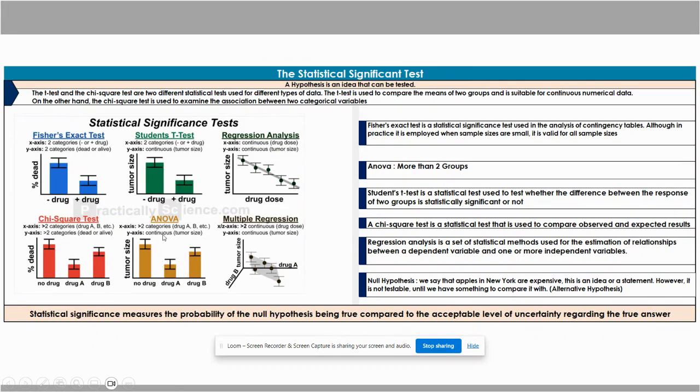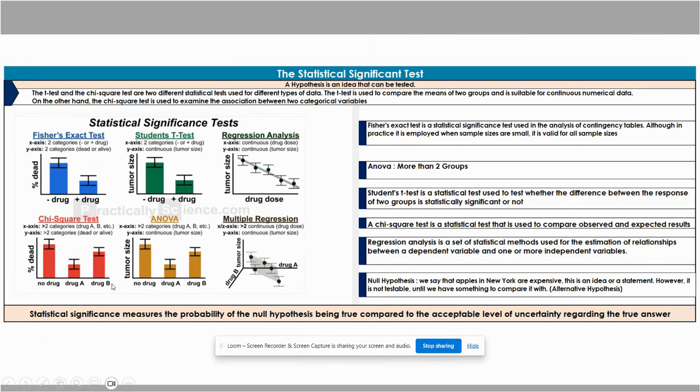Here we have no drug, drug A and drug B, so we are dealing with three groups with tumor size on a continuous y-axis. Here we are examining three sets of groups, and clearly drug A's tumor size is much lesser than drug B's, and than no drug consumption. So in that case, you use the statistical test ANOVA, right?